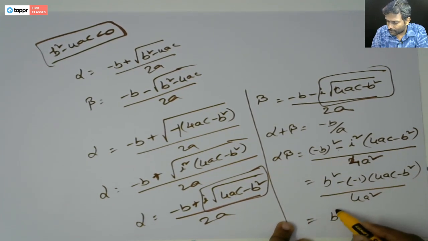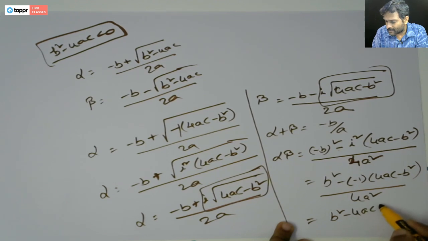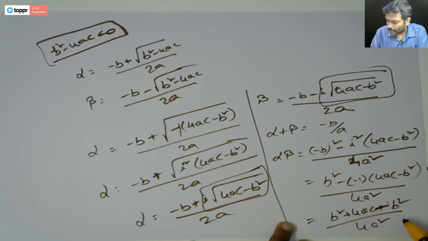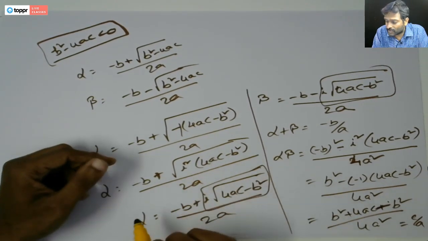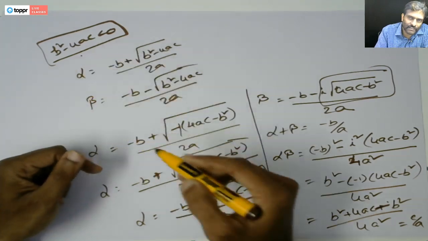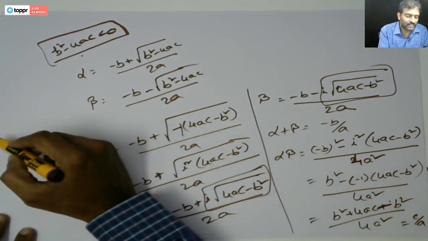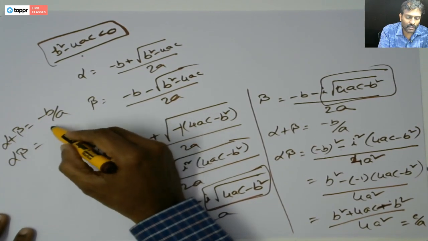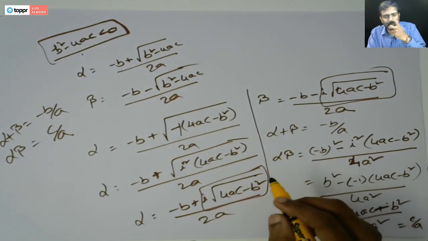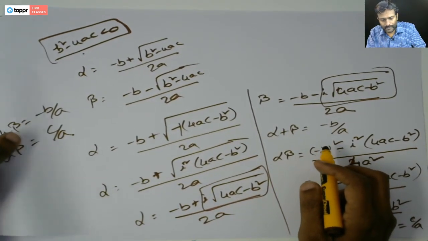So which will give us b square minus 4ac, so minus of minus is plus here, plus 4ac minus b square by 4a square, which will be equal to c by a even here. So the sum and product of the roots, either in the complex number system or in the real number system: the sum of the roots is always equal to minus b by a, and the product of the roots is always equal to c by a. Right?